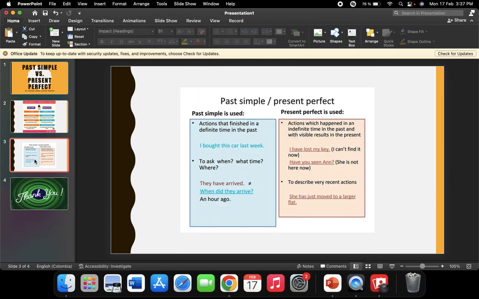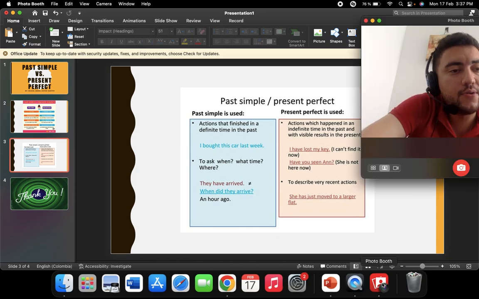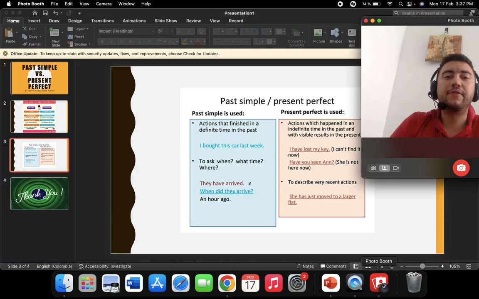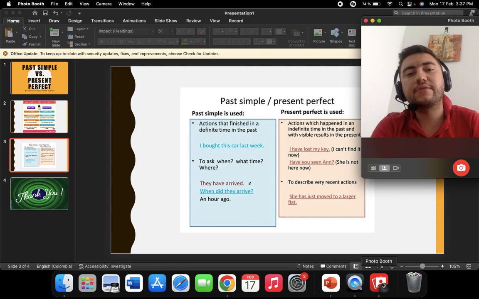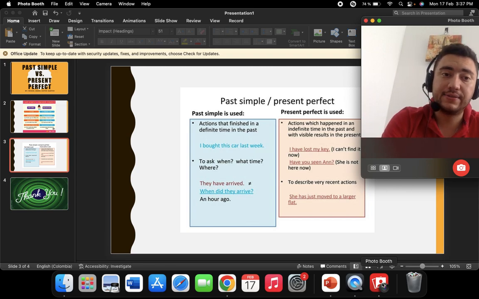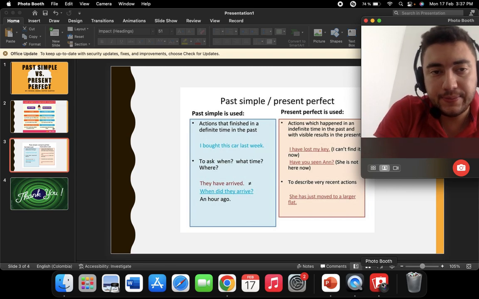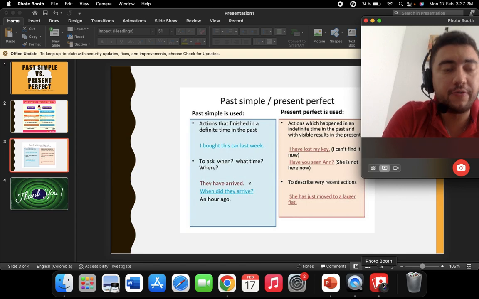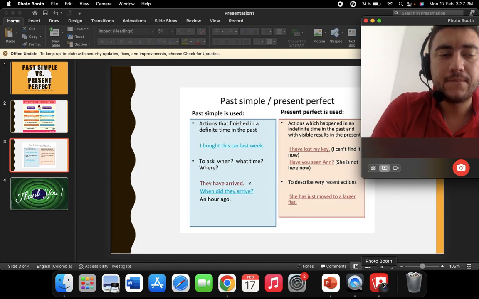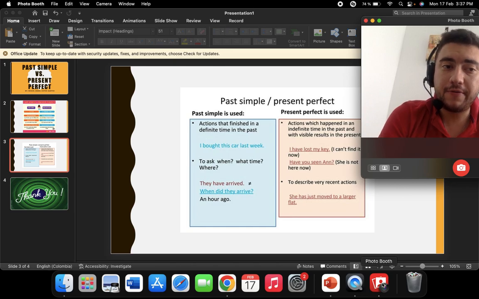Past simple tries to explain actions that are finished in a definite time in the past, but present perfect is a little bit more general. Why? Because present perfect tries to express actions that happen in an indefinite time in the past.